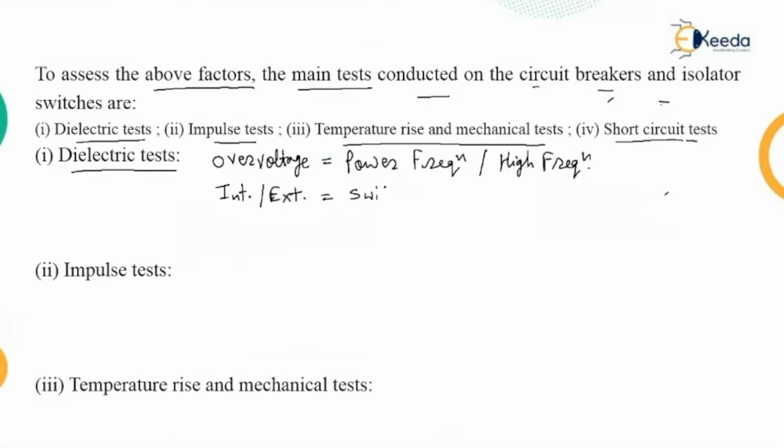Sorry, the switch is nothing but the isolator, and then we have a circuit breaker. And it is to be tested for both situations, open and closed condition. In open condition, the test voltage levels are 15% higher than the test voltage.